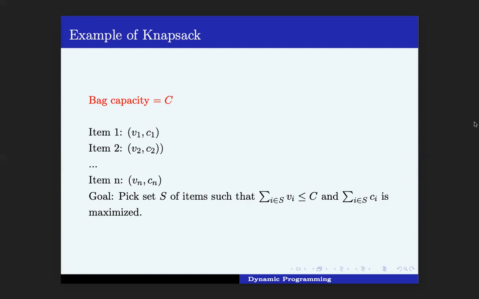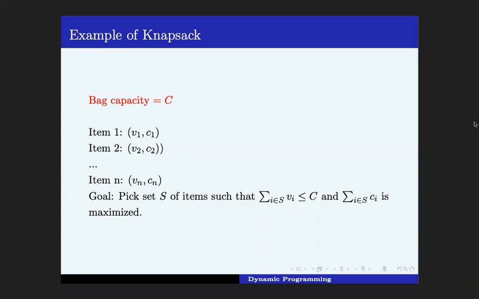Okay, D of X is equal to the maximum of D of the final capacity, meaning this big capacity C, minus v1, plus c1.